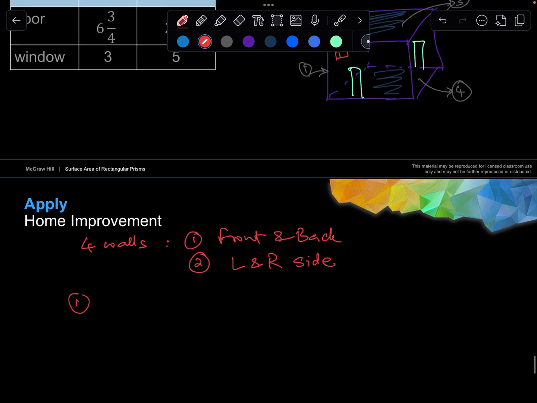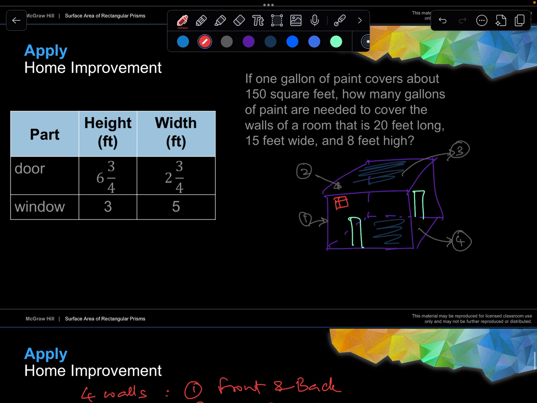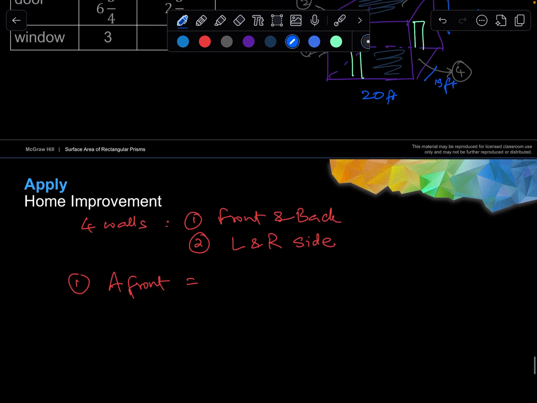Now, area of front is nothing but, let's see, this is 20 feet long, 15 feet wide, and 8 feet high, right?